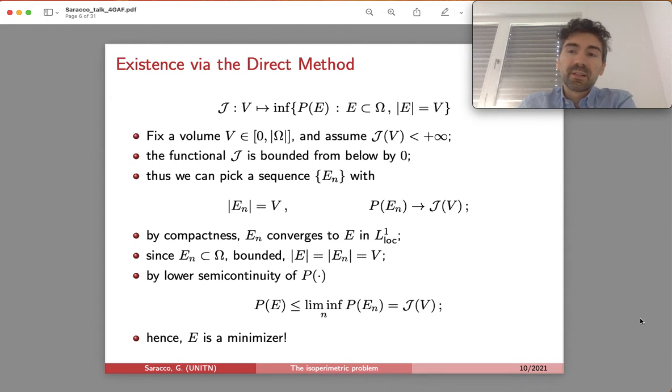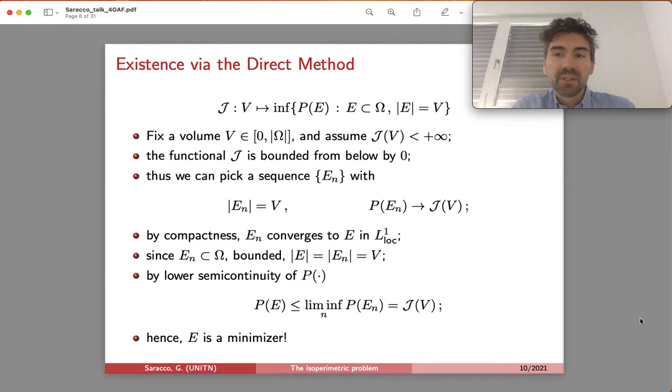And well, since the sets are all contained in this box omega, you really get, you improve to the, say, global L1 convergence, so you don't lose mass, okay, so that your limit set E has the same volume as the sets in the sequence, okay?